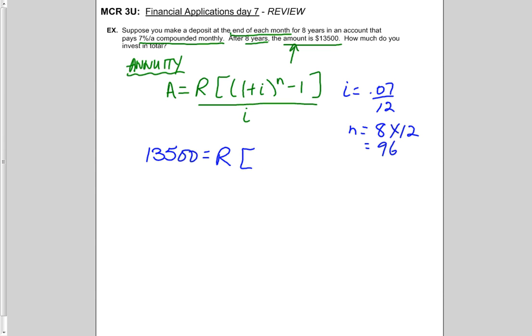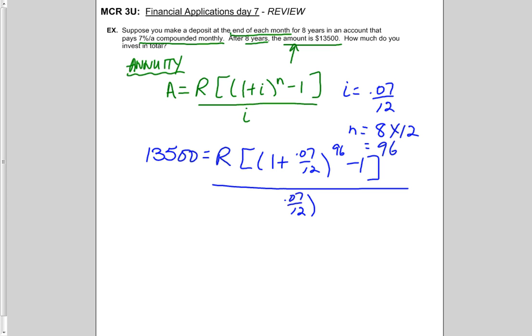1 plus 0.07 over 12. I'm going to continue to write this as a fraction so we get exact answers. 96, subtract 1, over 0.07 over 12.